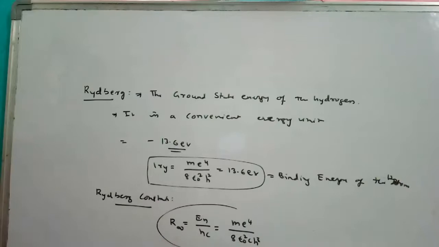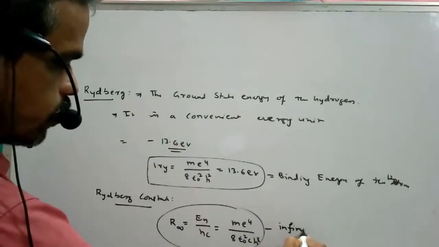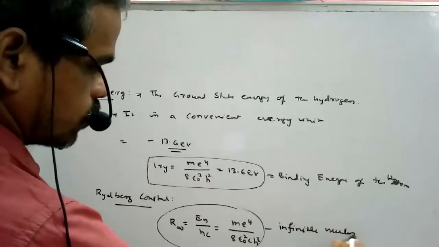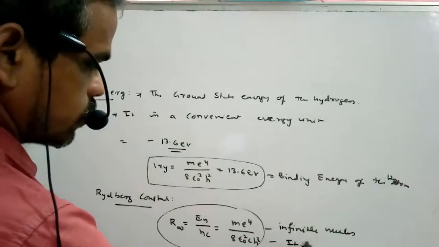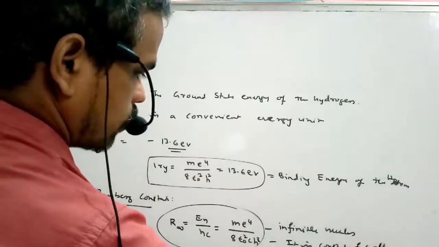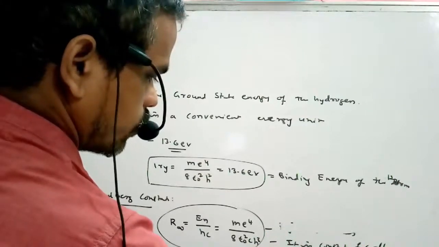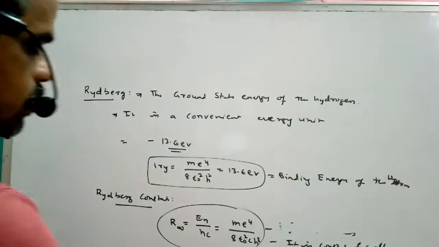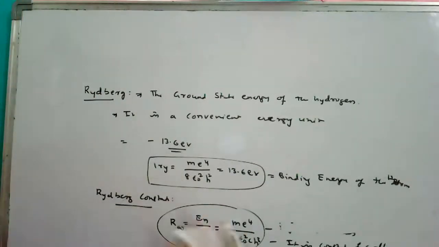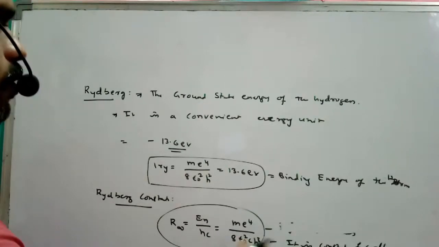This is for an infinitely heavy nucleus, and it is constant for all atoms. This is a constant value for every atom. That is, Rydberg constant equal to m e power 4 by 8 epsilon naught square c h cube.